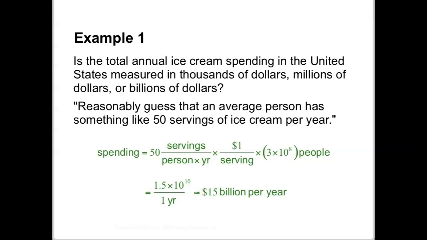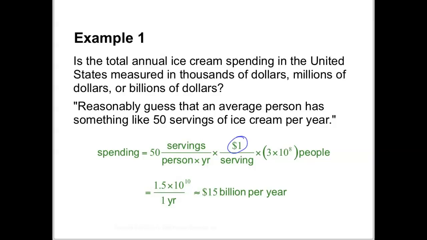All right, so if we operate under that assumption and do a little unit analysis, we can see that we take 50 servings per year, and I don't know, this is where we're really roughly estimating, at $1 per serving. Sometimes it's going to cost more than that if you're going to your fancy boutique ice cream parlors, your Mary Coyles.